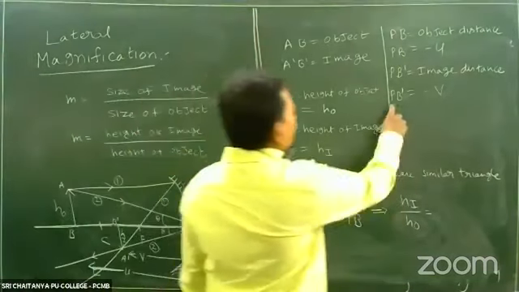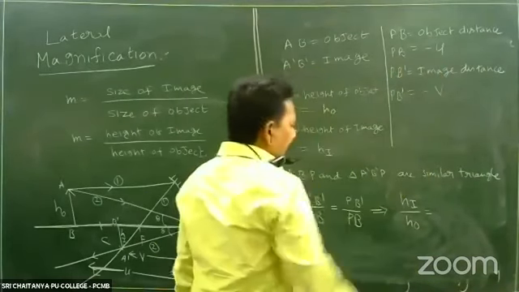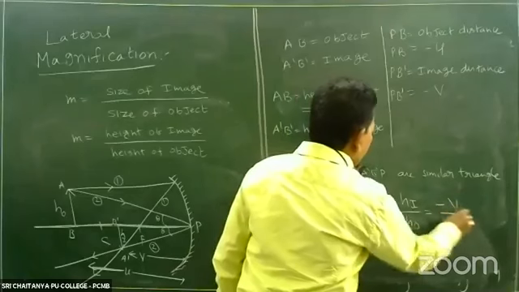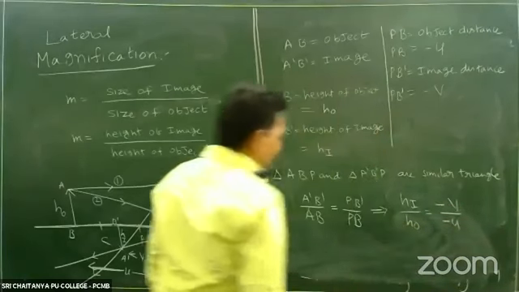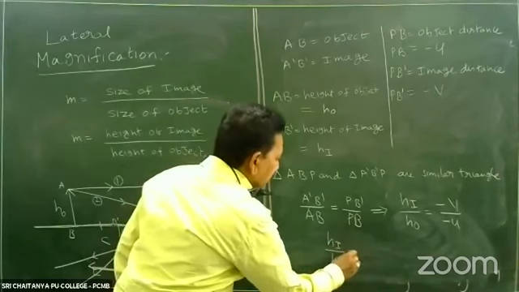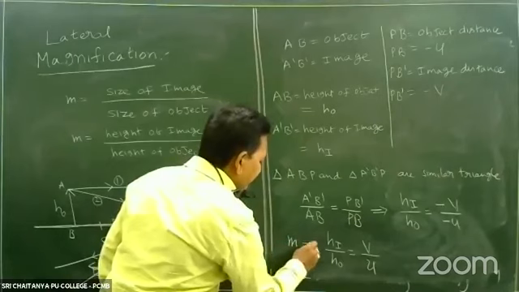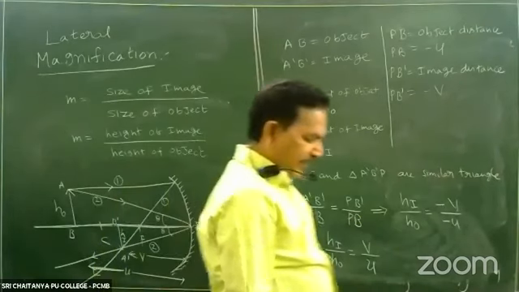PB dash is minus V, PB is minus U. Minus V by minus U, so HI by H naught is equal to V by U. This is M, magnification.